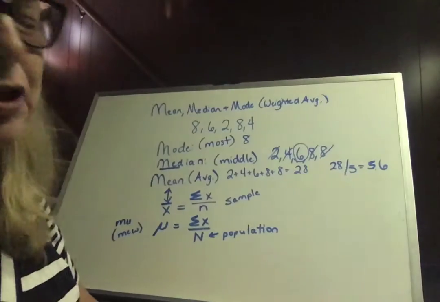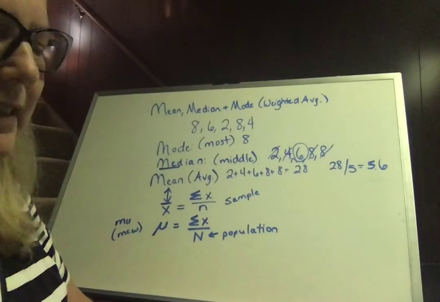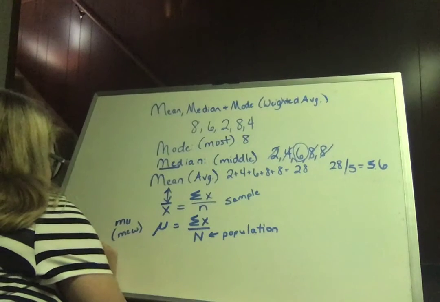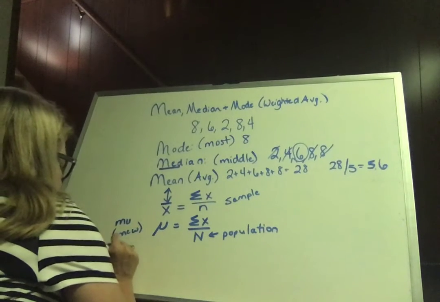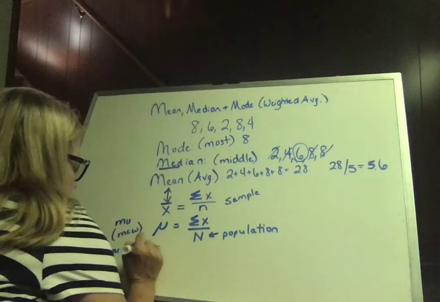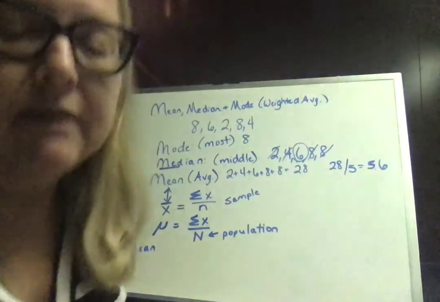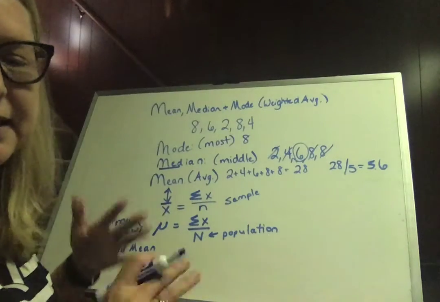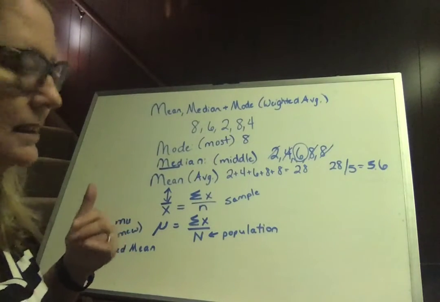Okay. Two others we're going to look at. They don't come up that often, but one is a trimmed mean, where we take off the top and the bottom. Like if you were trying to find the average salaries and you take off the bosses and the lowest paid, and then you find the average for more realistic.